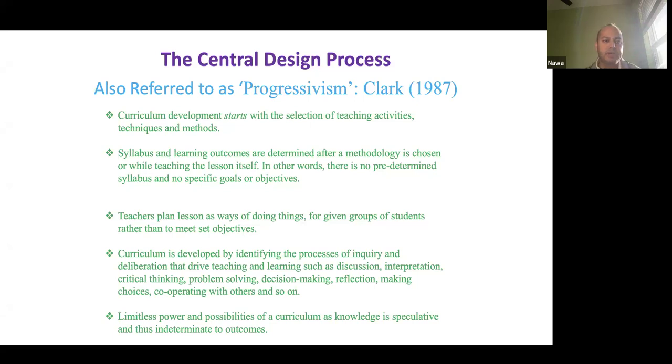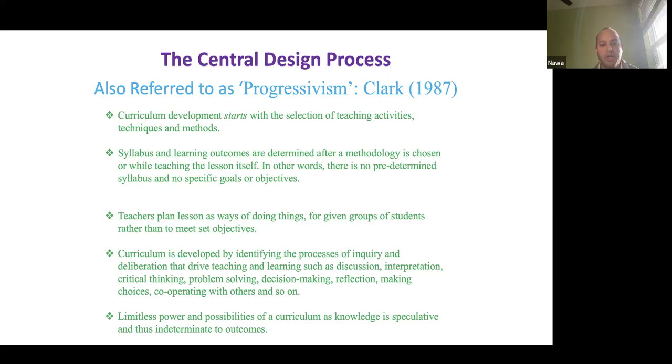This is also referred to as progressivism, because the learning, the teaching, even the content and the outcomes will all evolve during the process. So during the methodology, once you start doing those activities, that will decide what you want to teach.